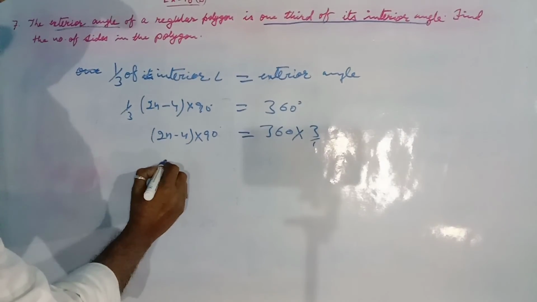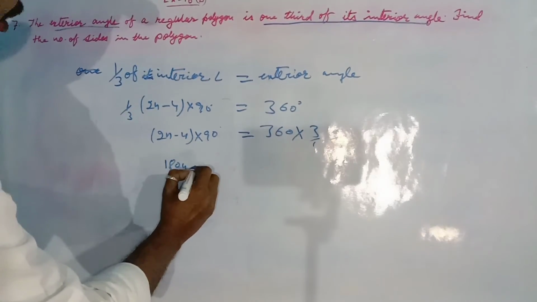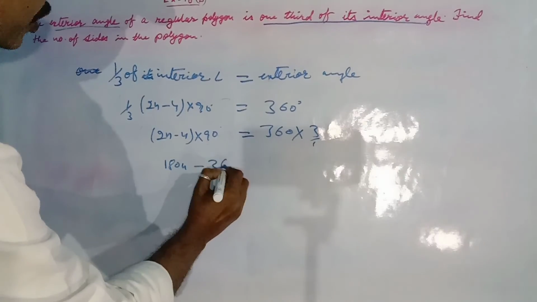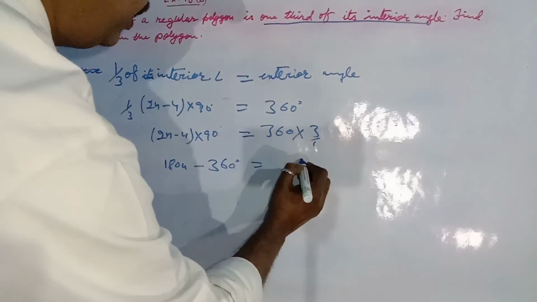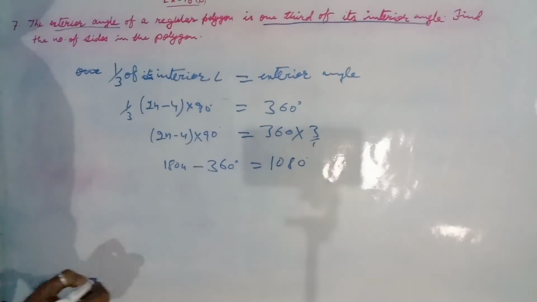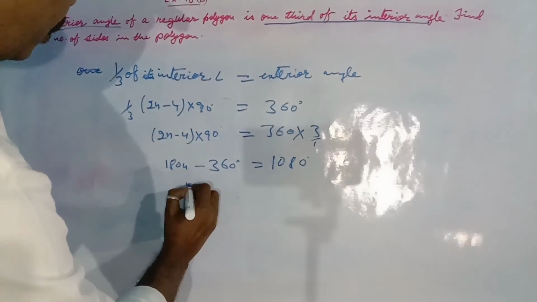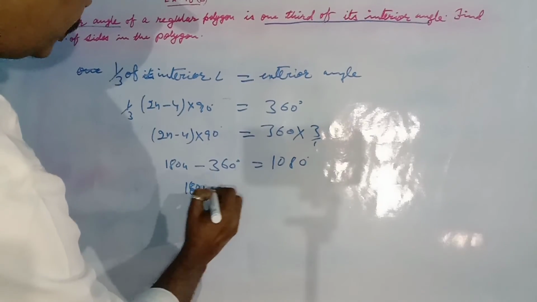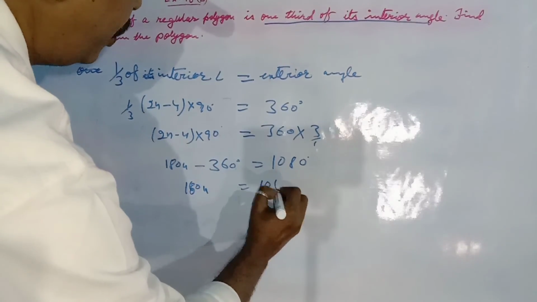Now 2 nines are 180n minus 4 nines are 36, meaning 360, then it will be 0, 3 sixes are 18, 3 threes are 9, 1 ten, meaning 1080. Now 180n equals 1080.